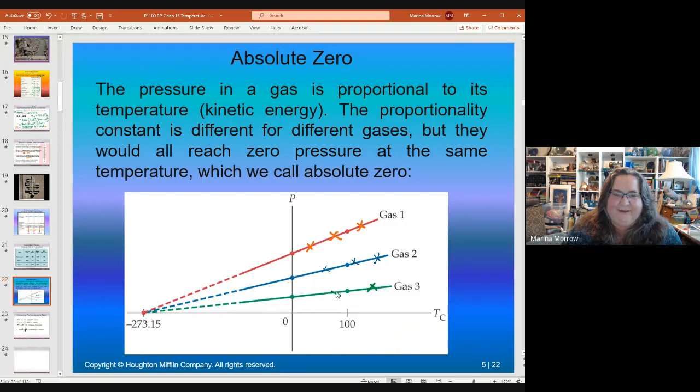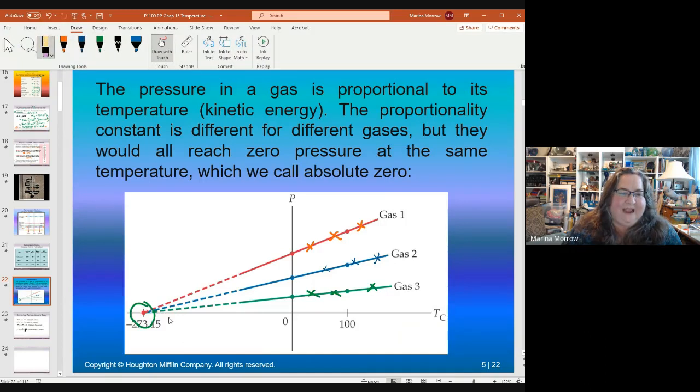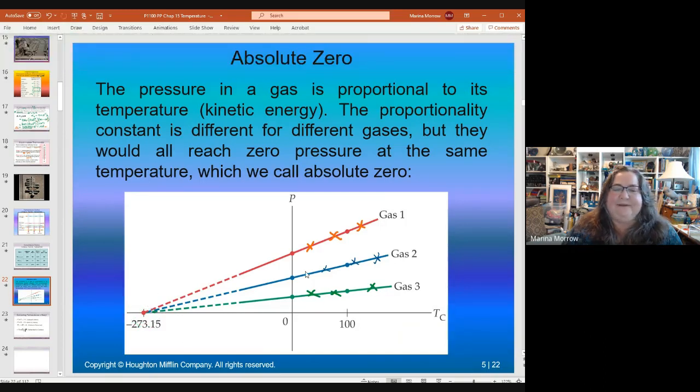Right? So all these data points were going in the same direction. So he figured out that there was this point, which was minus 273.15 degrees, and that was actually the absolute 0, because that was the point where these gases would have lost all their energy. So each gas would now be still.